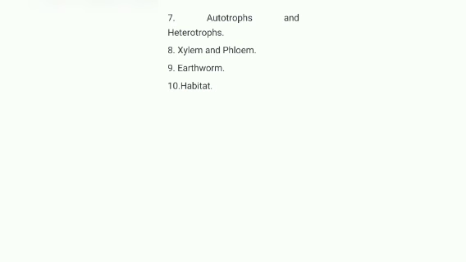Now let's talk about the earthworm. Earthworms are popularly known as the farmer's friend, as they help in the farming process. That is why they are termed farmer's friend.